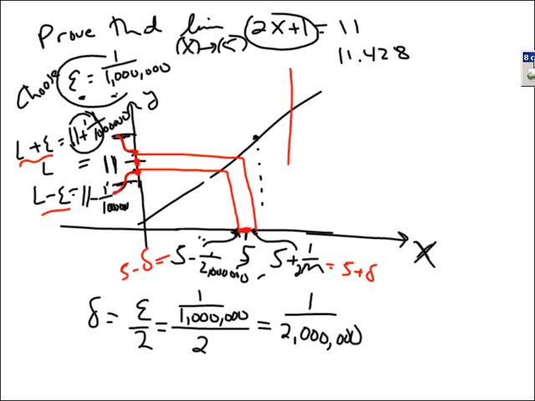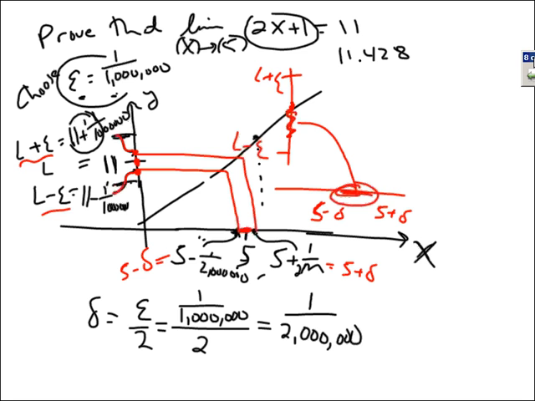In other words, if this is L plus epsilon, blowing it up, and this is L minus epsilon, I'm claiming that the delta region, 5 minus delta to 5 plus delta, these x values are going to end somewhere in here. It might be a small portion, a bigger portion, or even the whole thing, but nonetheless it ends up in there.